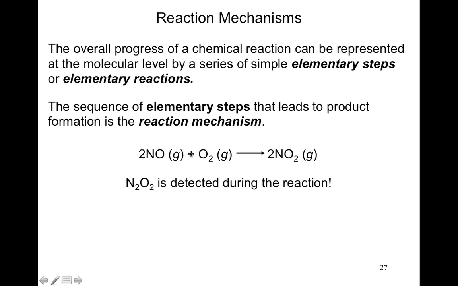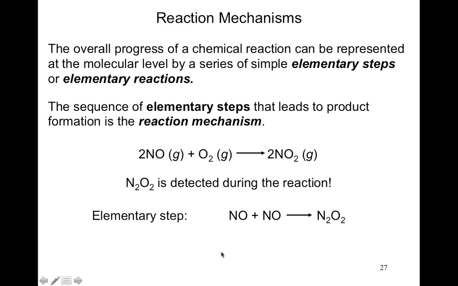Overall, these are our reactants and these are our products. But as we look at this reaction, we find N2O2 during the reaction. N2O2 is not anywhere up here, so it must be an intermediate. From getting this to this, at some point we must form N2O2 in the middle.